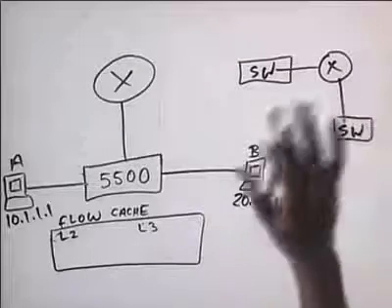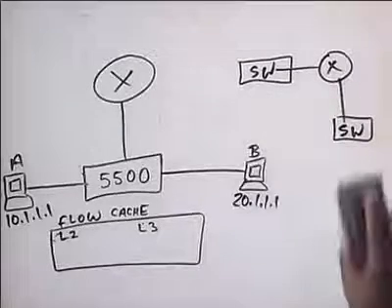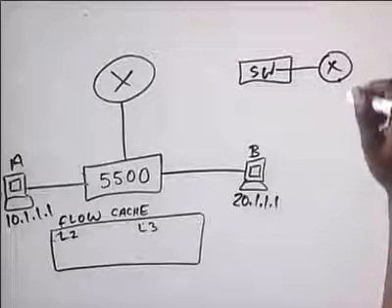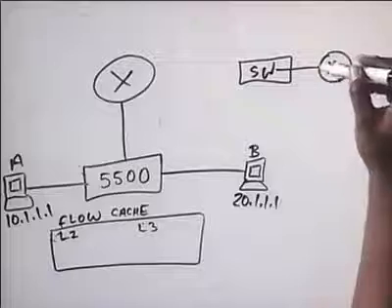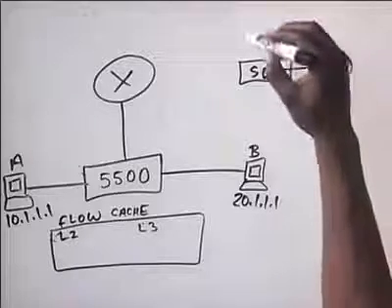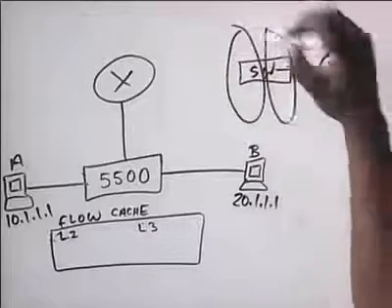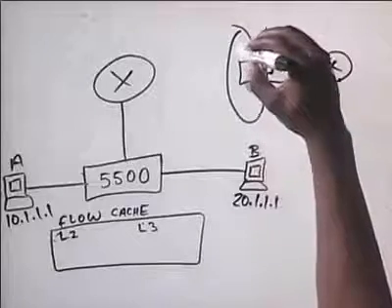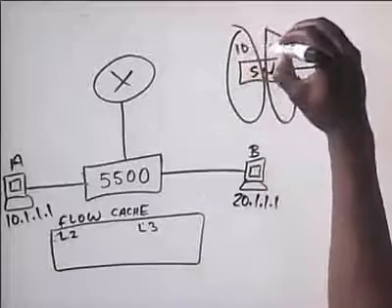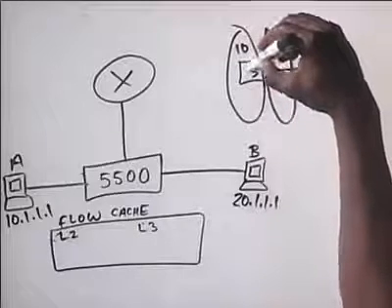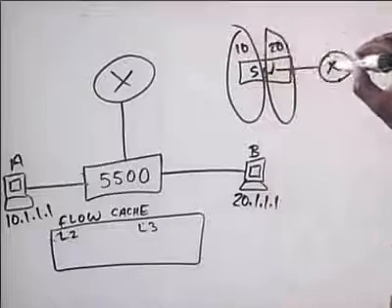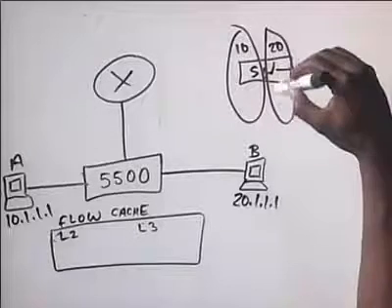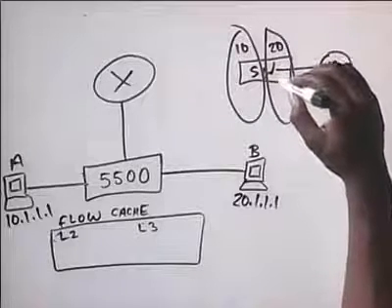However, when we come to the concept of VLANs, we now take out the second actual physical link here and we break this up into the two separate LANs or the two separate broadcast domains. And in order to route between VLAN 10 and VLAN 20, we would have to send traffic over to this router and then back to that same switch in order to go to a device on VLAN 20.